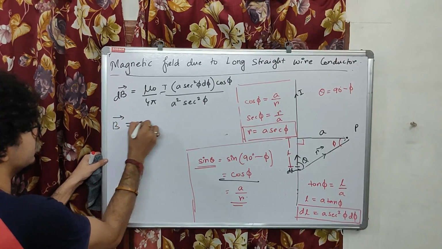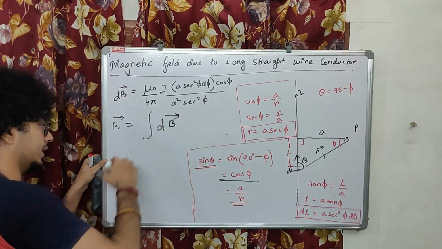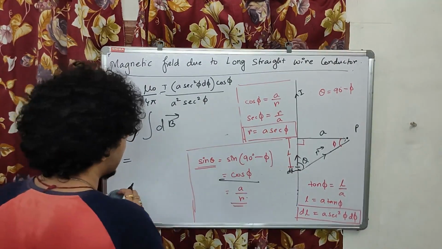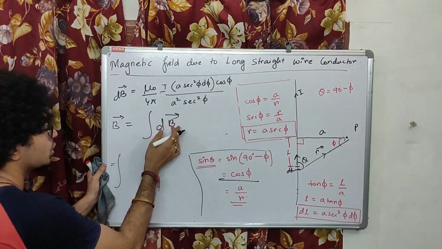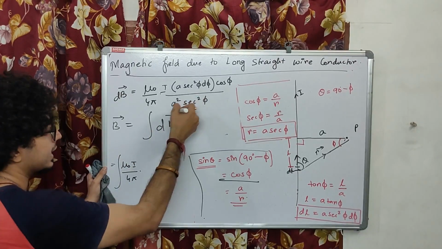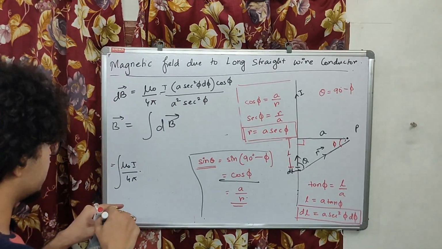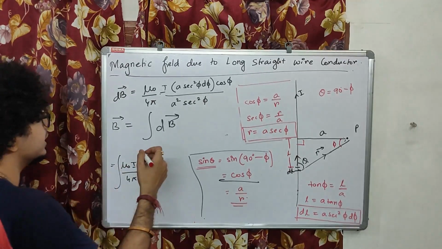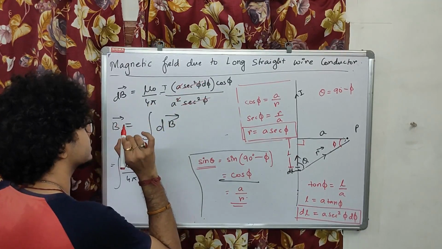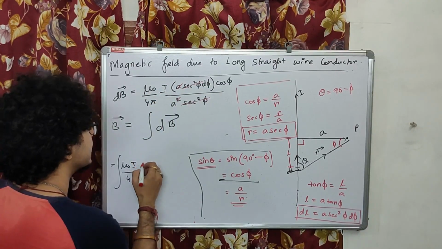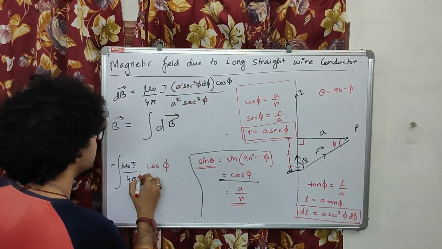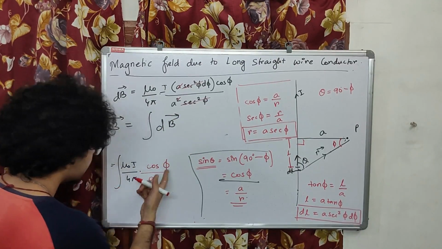So integration of this comes out to be mu naught I by 4 pi. Here this cancels. So after cancelling, ultimately what you get: this a cancels, this sec square phi and this sec square phi cancel. So ultimately you get mu naught I cos phi divided by a. Right? This is what you get.